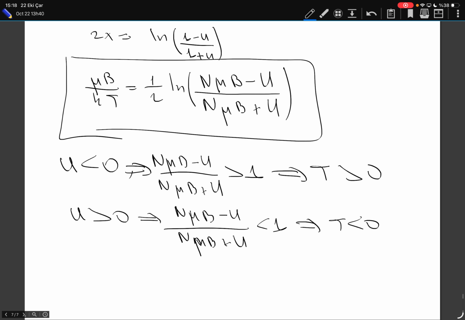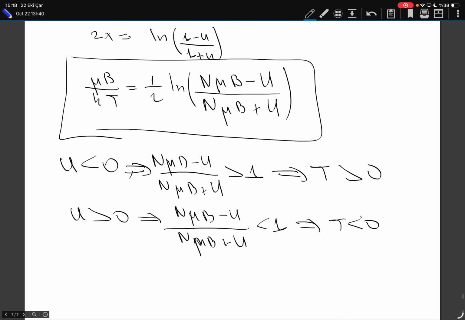So we have negative energies only from minus N mu B to 0 for T larger than 0. Then we said that if we would like to have positive energies, the only way is to have negative temperatures. And this is, at least for the spin 1/2 case, the more explicit demonstration of it.